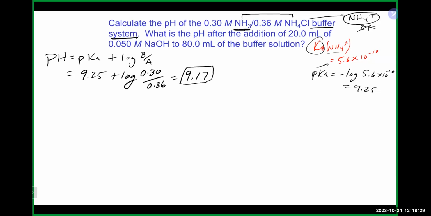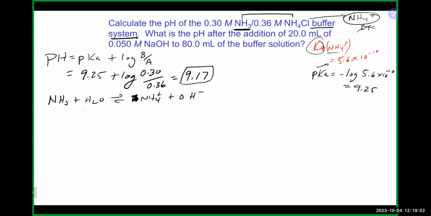Any questions on that? Now, again, if you chose to do an ice table, as I was talking earlier, you could do a Kb type of ice table, where you would have NH4 plus and a little OH minus in this case.